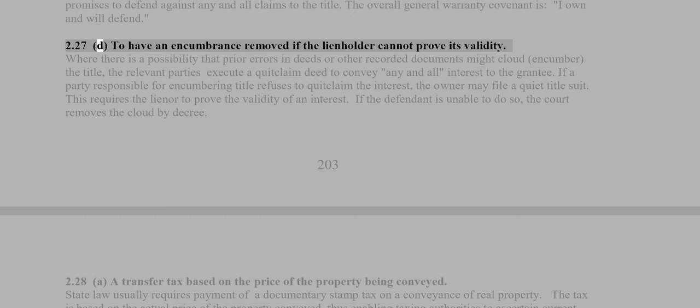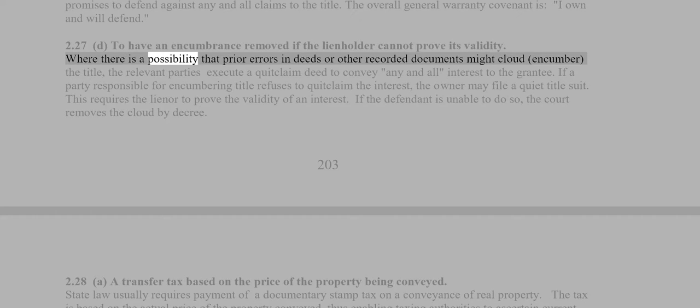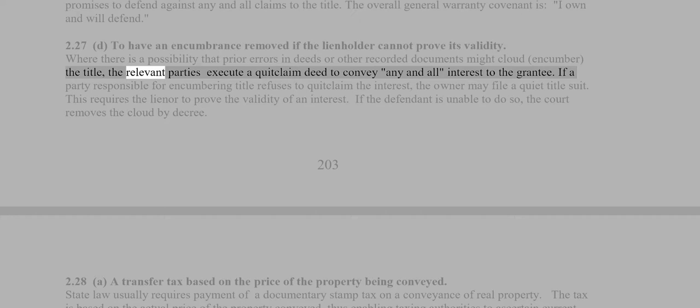2.27 d. To have an encumbrance removed if the lien holder cannot prove its validity. Where there is a possibility that prior errors in deeds or other recorded documents might cloud, encumber, the title, the relevant parties execute a quitclaim deed to convey any and all interest to the grantee.